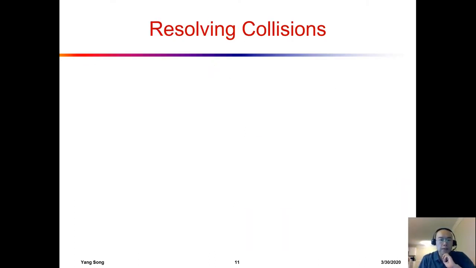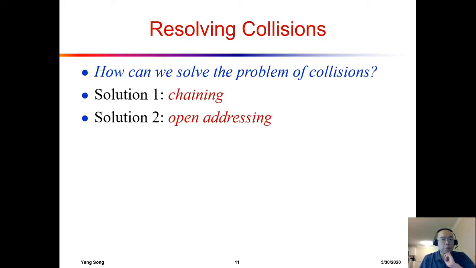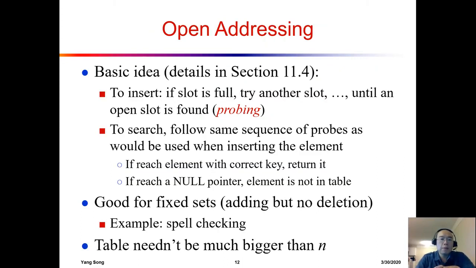So the next question is, how are we going to resolve the collisions? There are two possible ways. The first way is called chaining, and the second one is called open addressing. These are the terms in our textbook, and you may have seen another term called probing. Let's talk about open addressing, or probing, first.